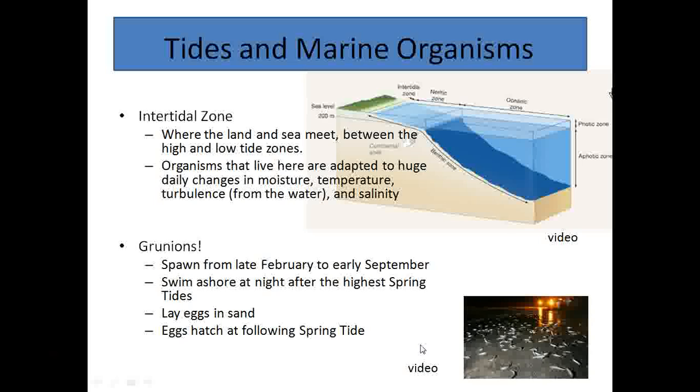These are a type of fish that spawn from late February to early September. But the neat thing is they swim ashore at night after the highest spring tides, and you'll see them, hundreds of thousands of them, laying eggs in the sand. And then the eggs won't hatch until that following spring tide.